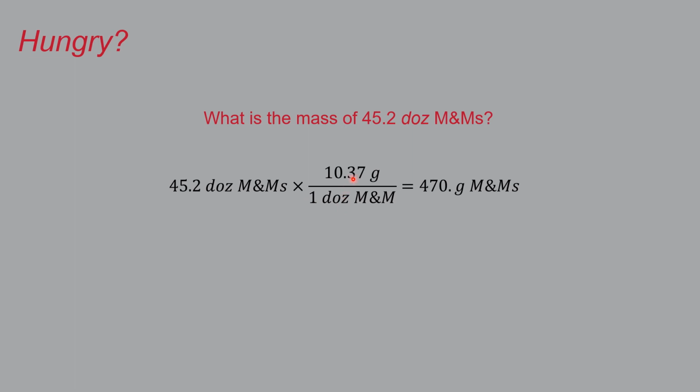Each dozen clocks in at 10.37 grams, which means that pile of M&Ms has a mass of 470 grams. Now, in chemistry, this is a very critical thing. We want to be able to easily convert between the chemically relevant amount and the easily determined mass, because unfortunately there isn't an easy way to determine amount directly.